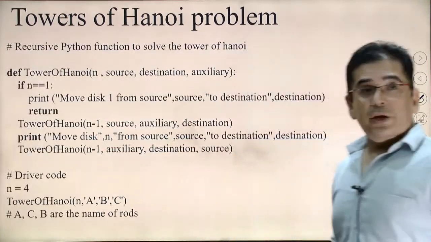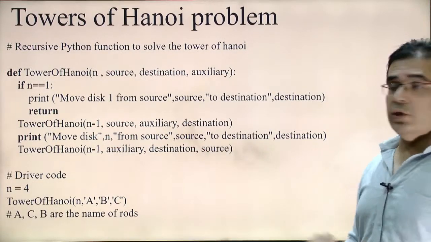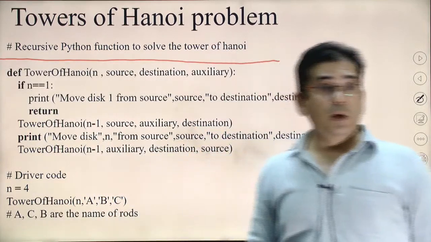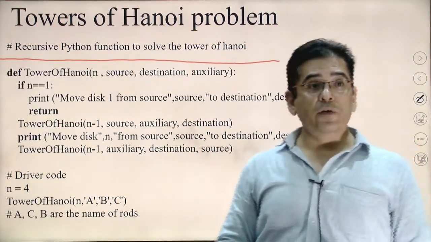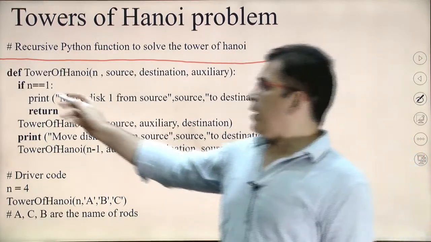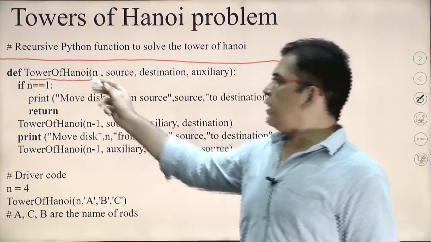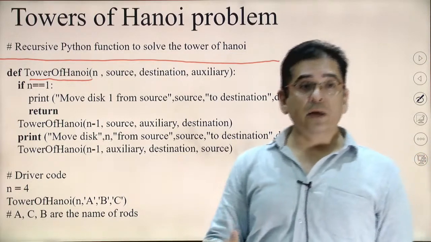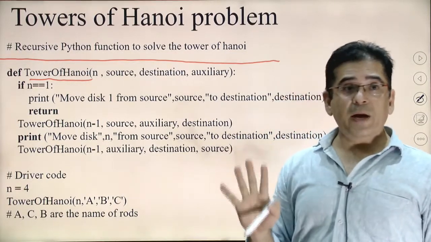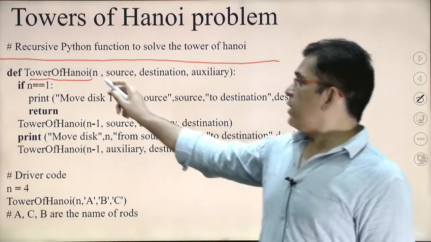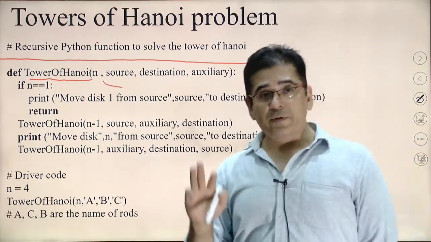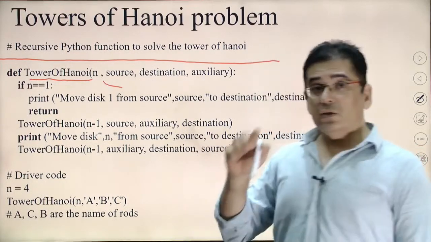Okay, now the recursive Python function to solve the Tower of Hanoi problem. You need to define a user defined function. You can give any name. I have given the function name as Tower of Hanoi. You can write TOH or any name. There are 4 parameters I have given here. One is the number of disks. The example I showed in the previous slide had 3 disks and 3 towers.